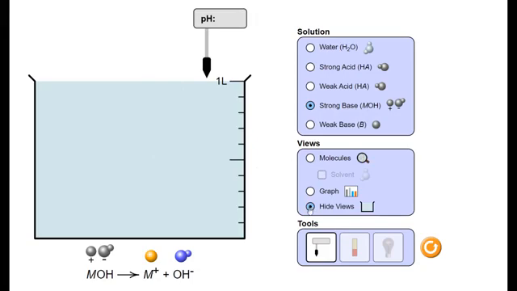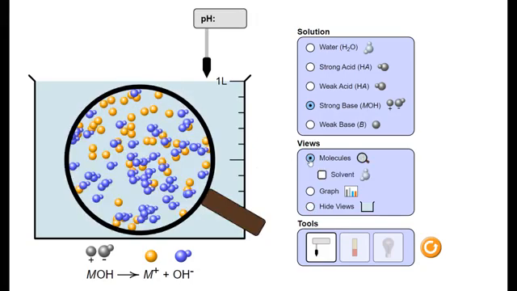When I look at the molecules here, we can see that I don't have any of my original compound. They have all dissociated into my orange metals. We can see here my orange metals are all individual, and my OH, my 2 blues, are my hydroxides. So this is when we're looking at a strong base.